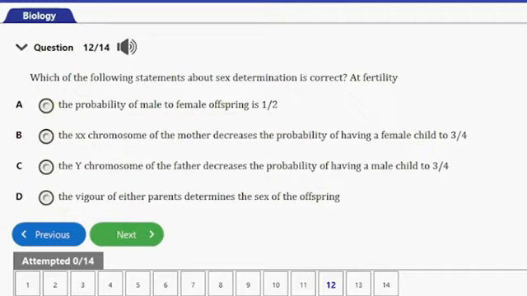C, the Y chromosome of the father decreases the probability of having a male child to 3/4. D, the vigor of either parents determines the sex of the offspring. So guys, the answer to this question here obviously is option A. That's the probability of male to female offspring at fertility is 1/2. So that's it for that question.